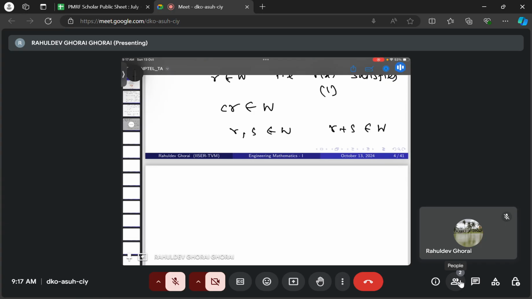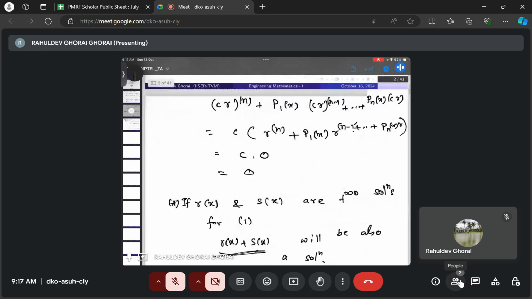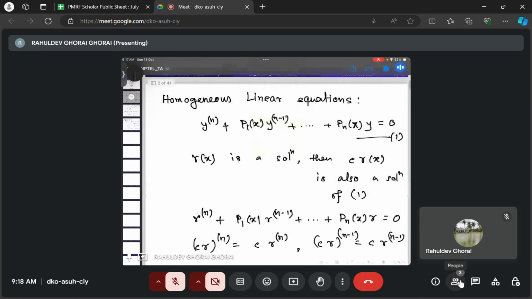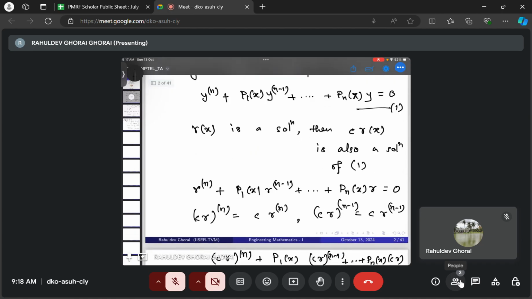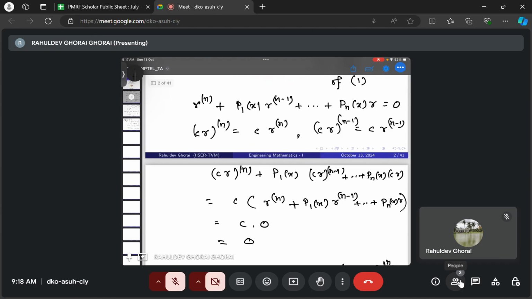Also, you can show that if it is an nth order differential equation, then you will have solutions which involve n arbitrary constants.